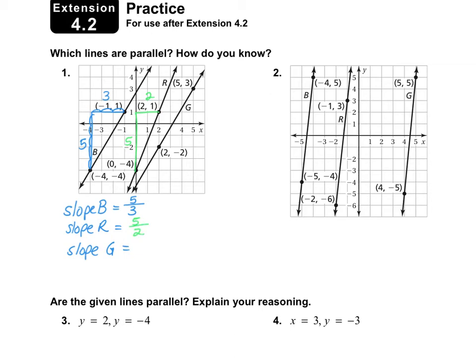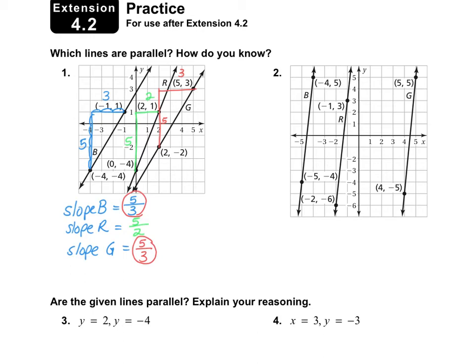For line G, I make my triangle and count up 1, 2, 3, 4, 5, and over 1, 2, 3, so we have a slope of positive 5 over 3. As you can see, line B and line G have the exact same slope.